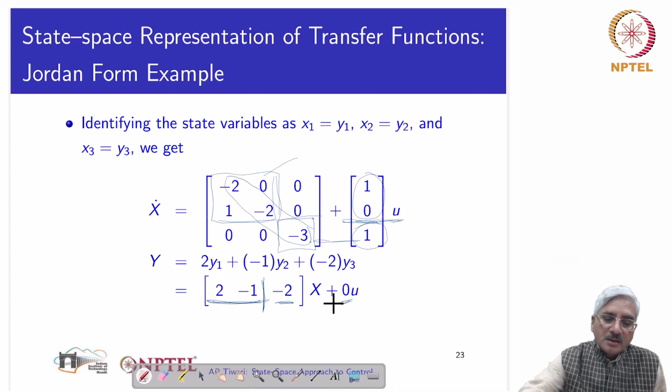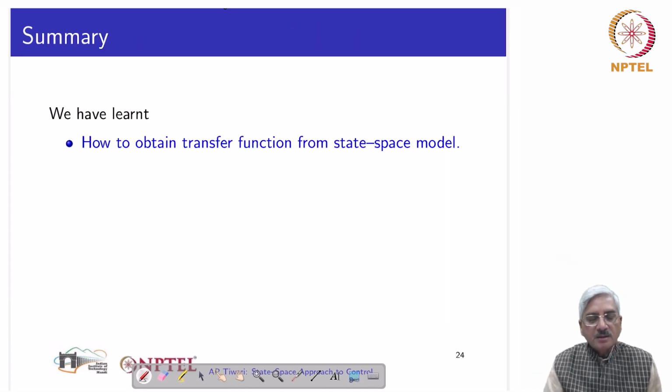So this is the way the system can be represented in the Jordan form. Now we summarize this topic, the representation of transfer function into the state space, and before that the representation of state space model by transfer function.